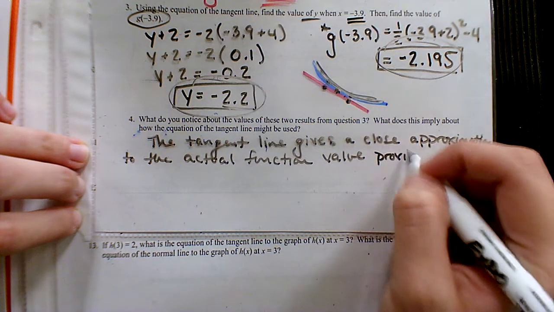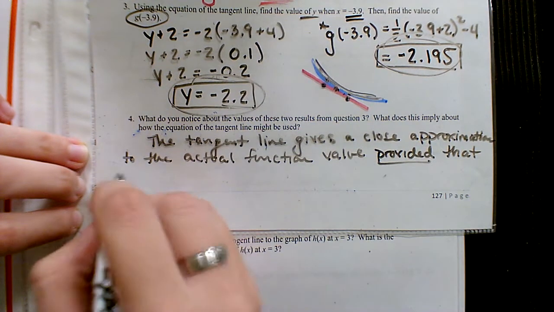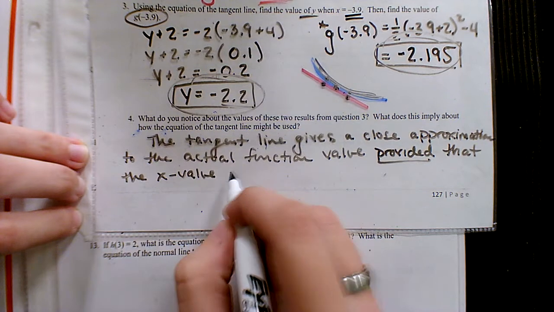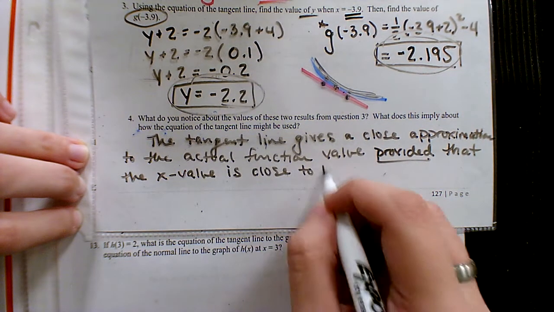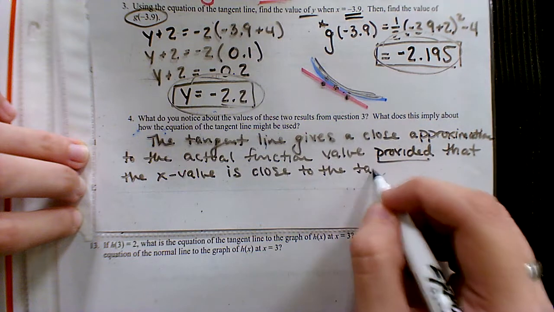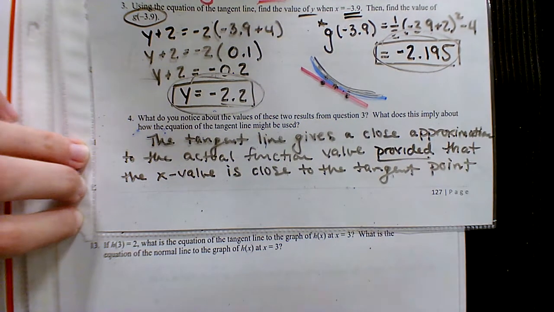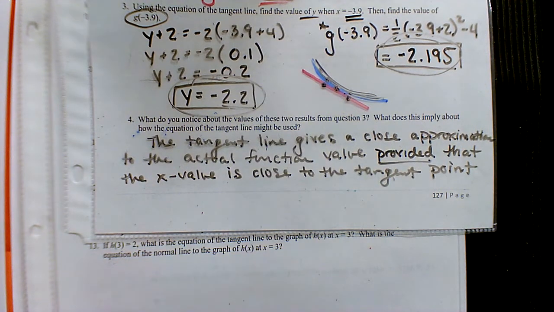Provided that the x value is close to the tangent point. So our x value of negative 3.9 was close to the tangent point of negative 4.